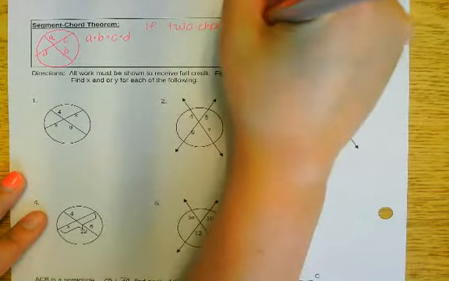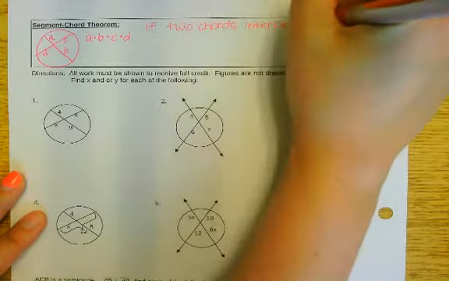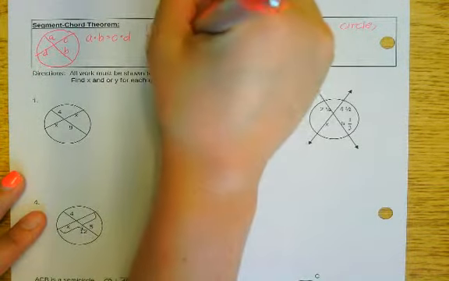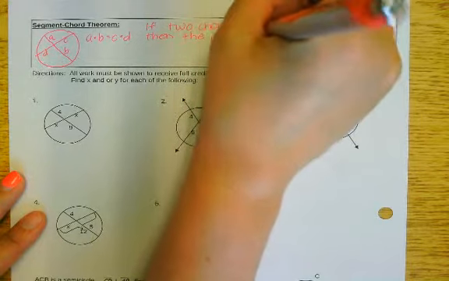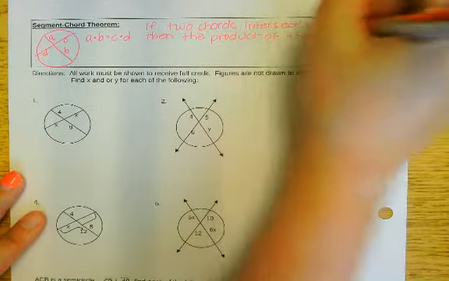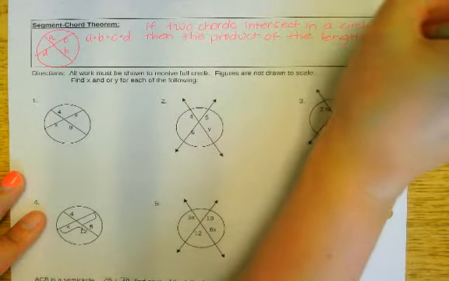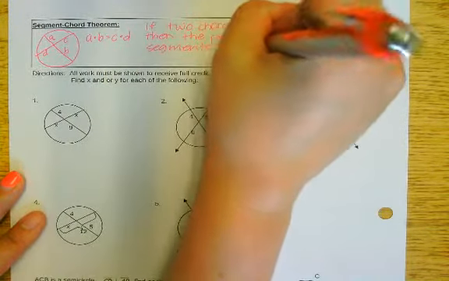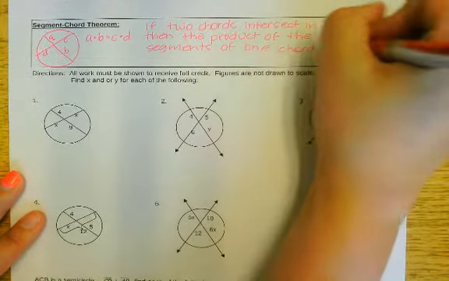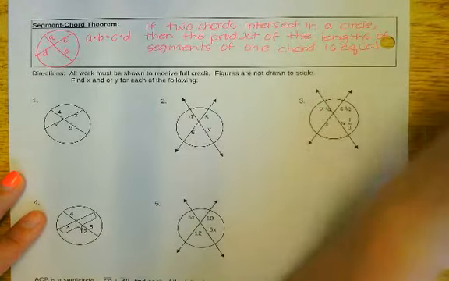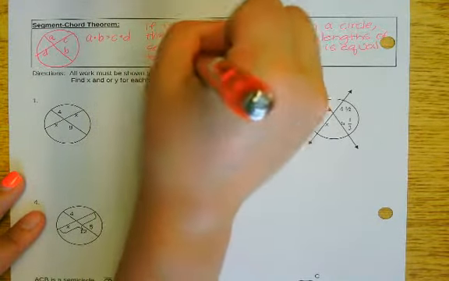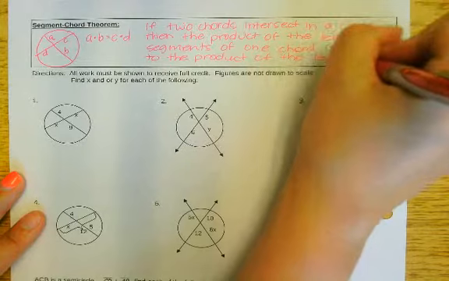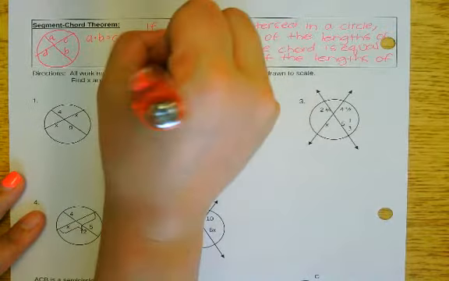So in words, it is: if two chords intersect in a circle, then the product of the lengths of segments of one chord is equal to the product of the lengths of segments of the other chord.